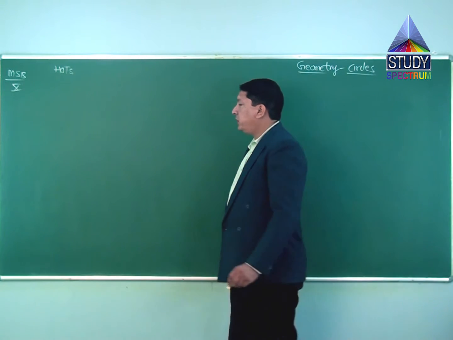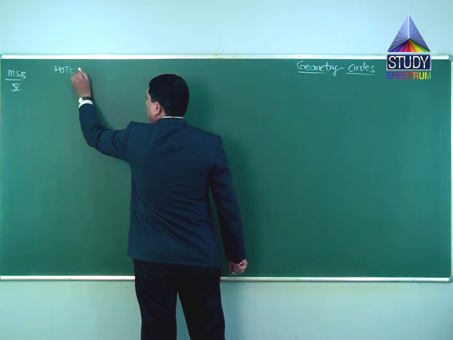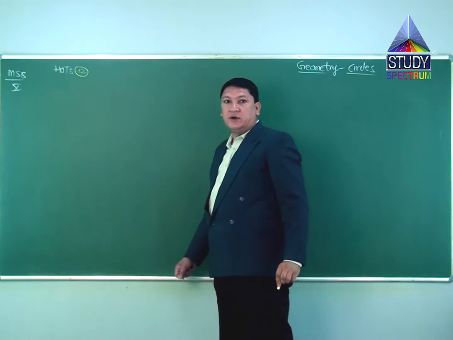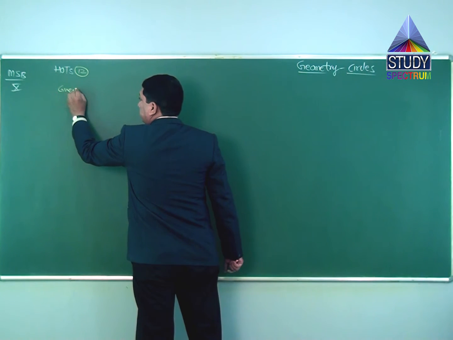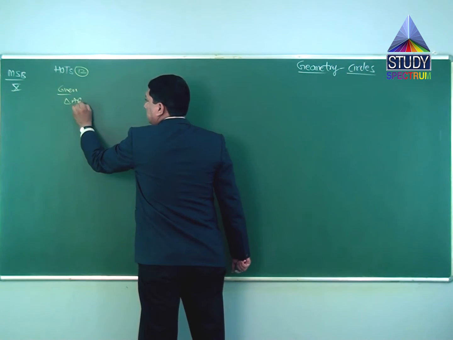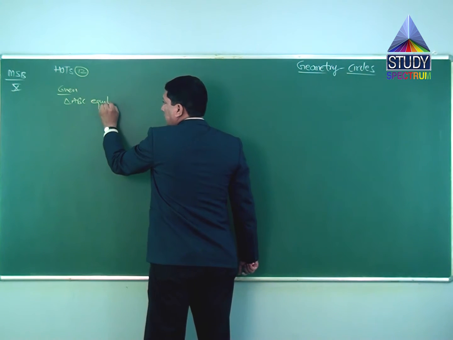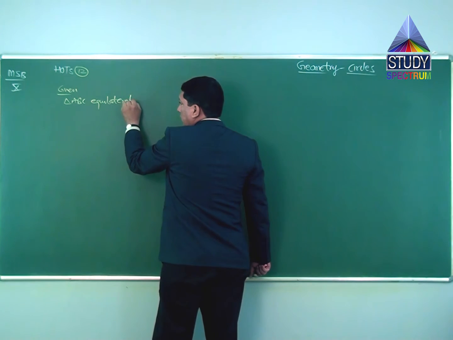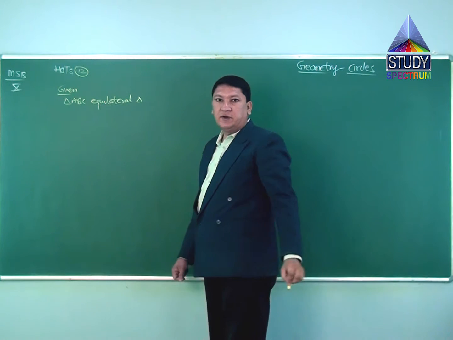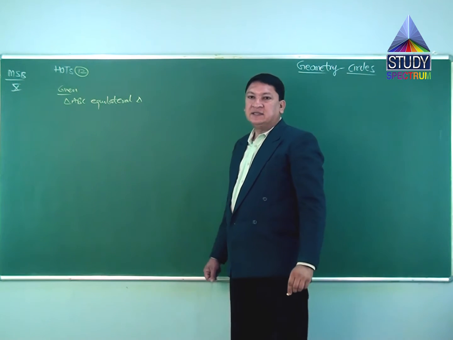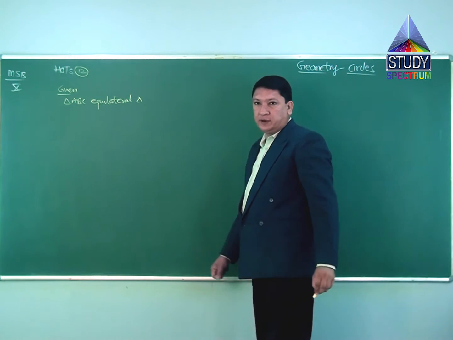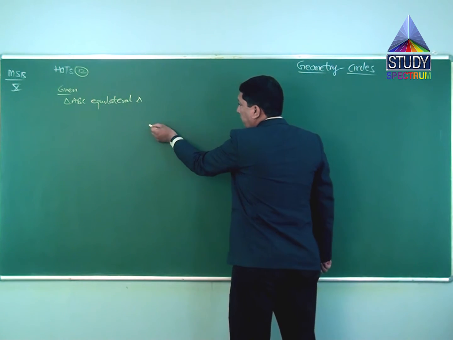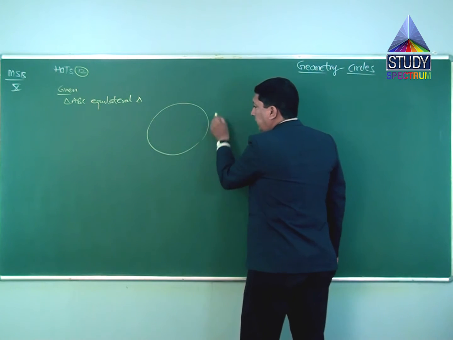Next, question number 12. Given to us, triangle ABC is an equilateral triangle. Then given to us, bisector of angle B intersects. So first I'll draw the figure only so that we can write the given part accordingly.